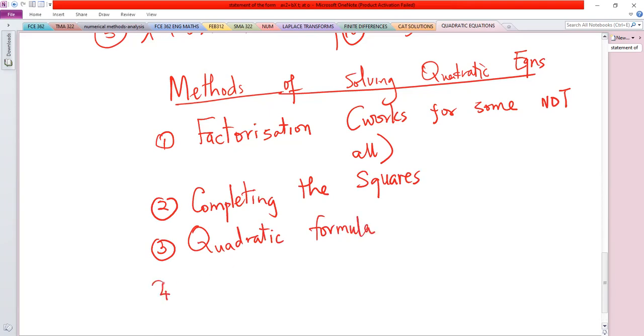Number 4, graphical method. Next session will demonstrate how to solve quadratic equations by factorization method. Let's meet there.